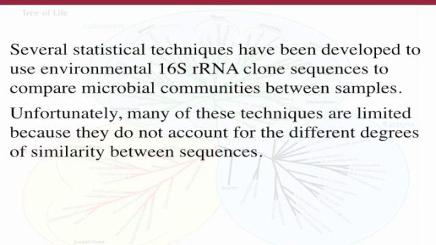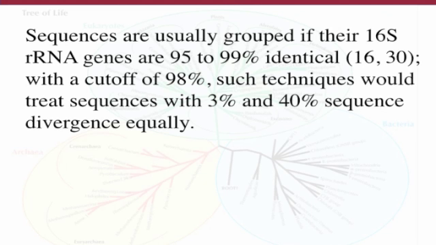So this is what I was talking about last time. This is the list-based approach that many people used and still use to compare communities, where you make a list of species that are present, or genera, or families, and then you compare the presence and absence of those across environments. And that doesn't take into account the relatedness.